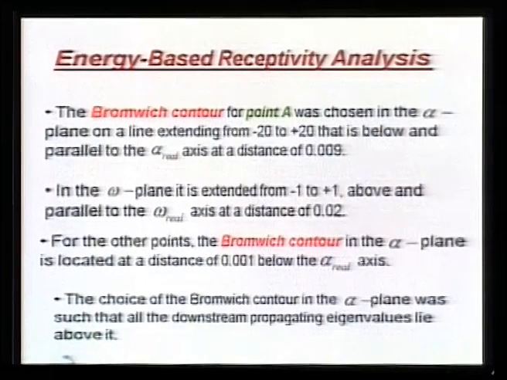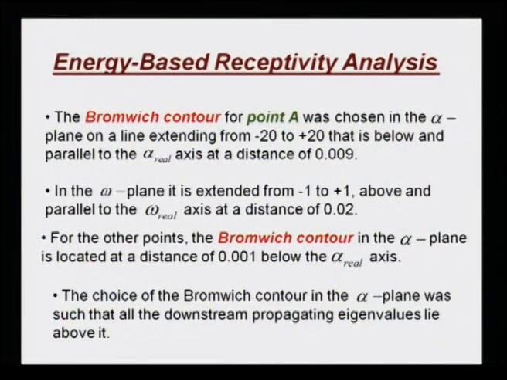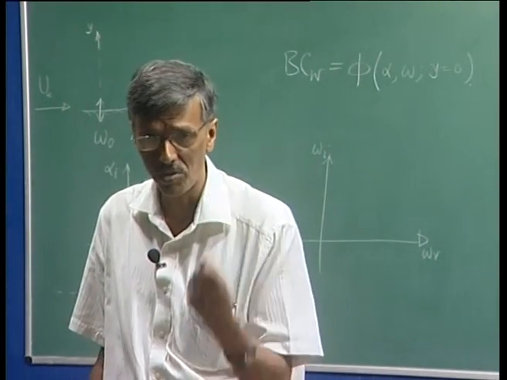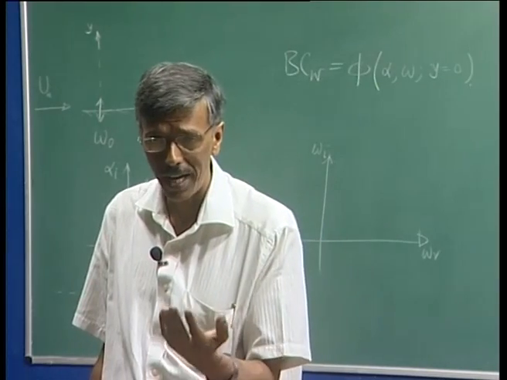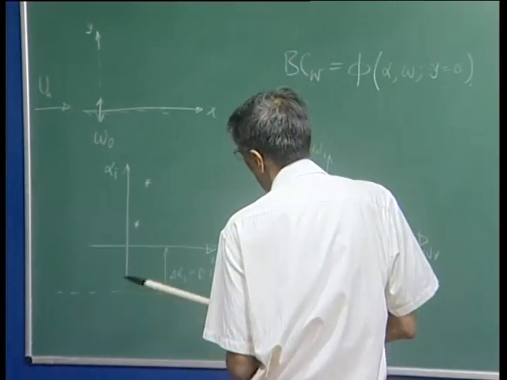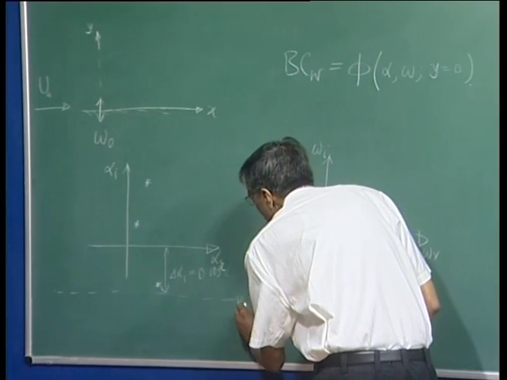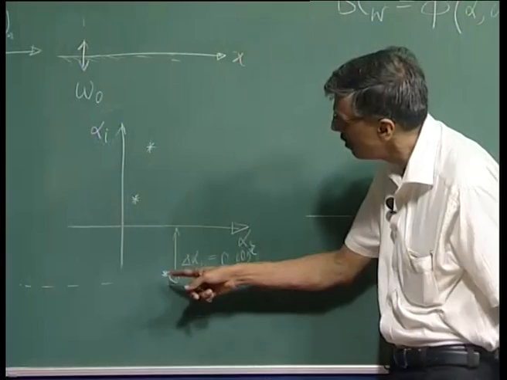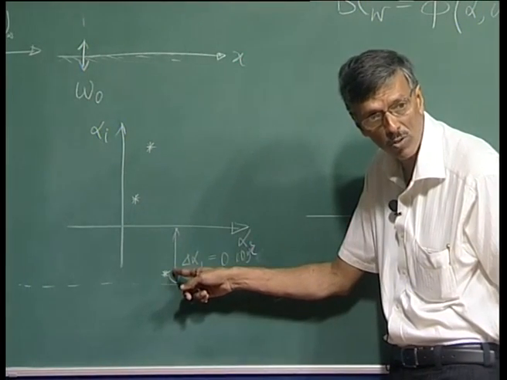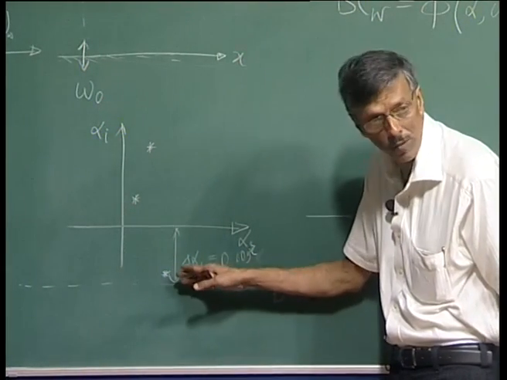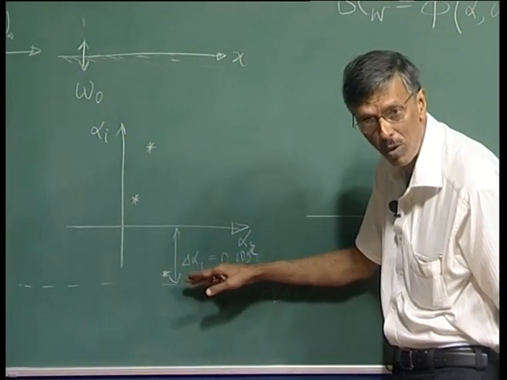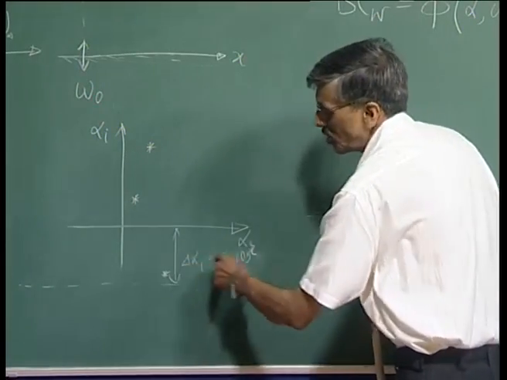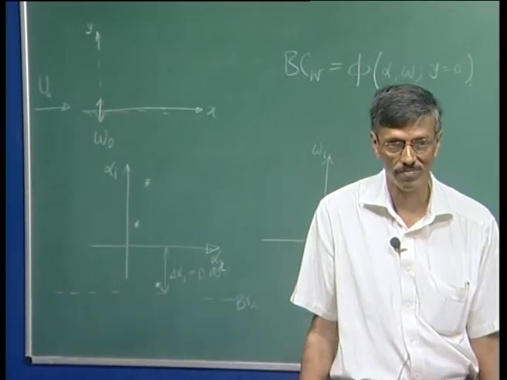You try to find out from the grid search method and then polish it with the Newton-Raphson search, and then you find out which is the most damaging one and try to locate the Bromwich contour in the alpha plane as close to this as possible, but below this. Why? Because this eigenvalue corresponds to downstream propagation. So, all the downstream propagating modes should be above the Bromwich contour. If I choose a Bromwich contour like this, the answer will be meaningless. Okay?